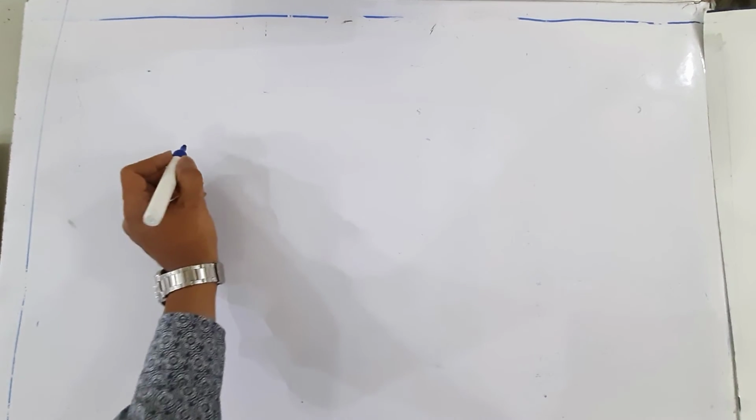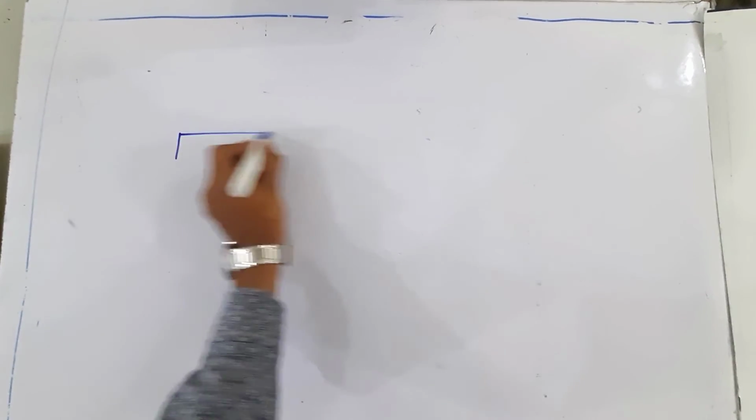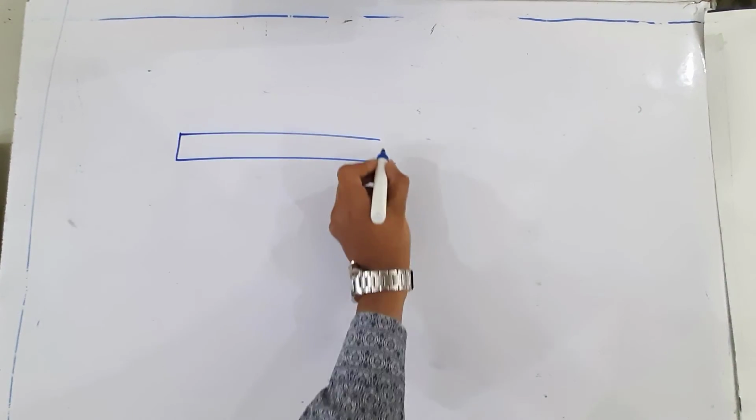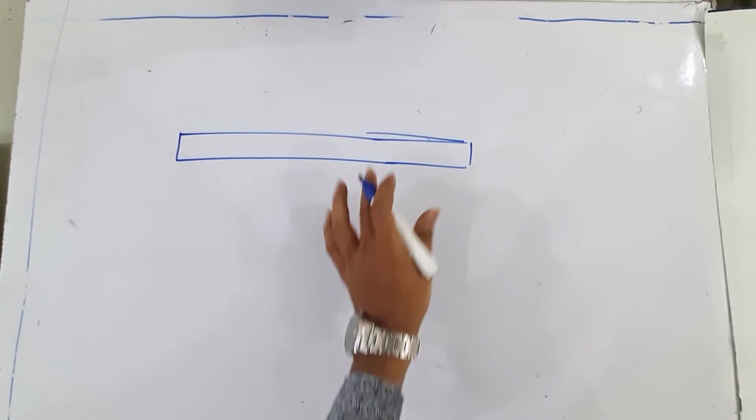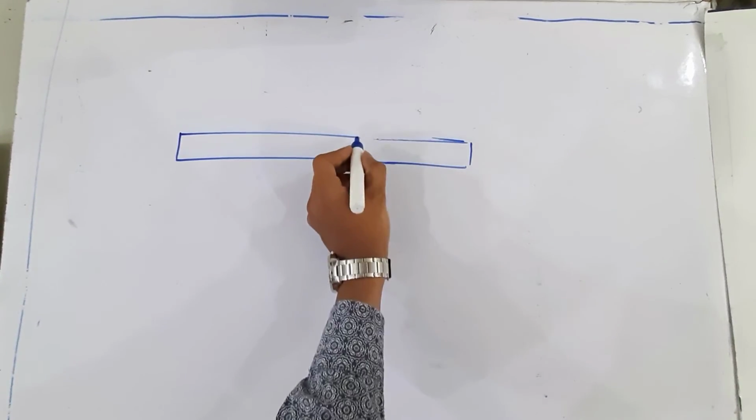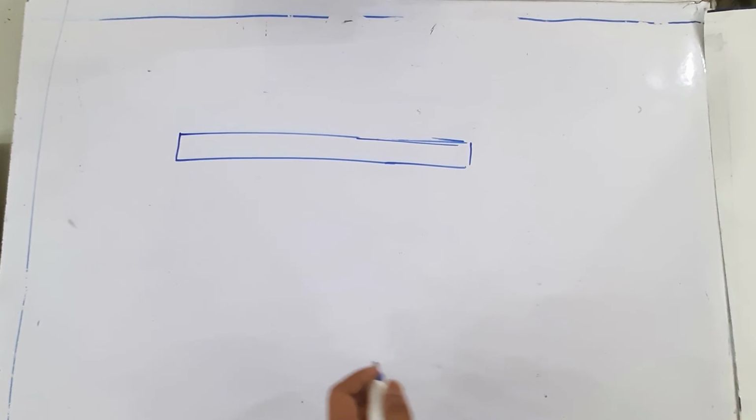So the question tells there is a uniform meter rule. So we will draw one uniform meter rule. So this uniform meter rule is balanced at the 60 centimeter mark.